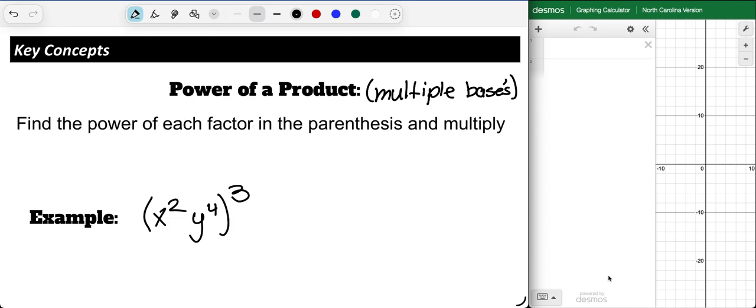Okay. Here's another example: 2x squared raised to the power of 4. And the last example for this one, let's say, -4 x to the third raised to the power of 2. So all three of these are examples of what power of a product could look like.